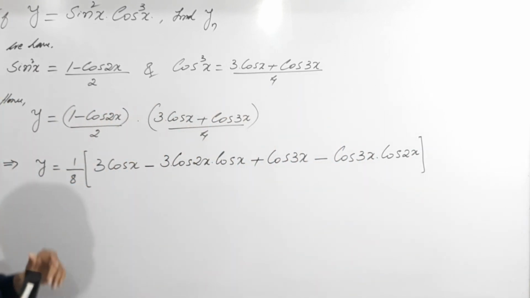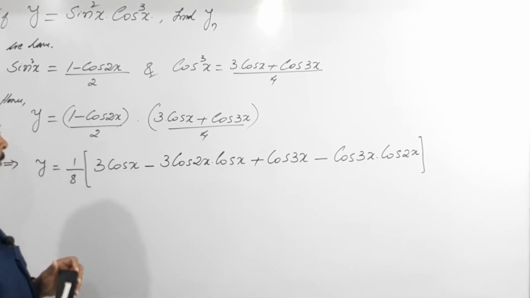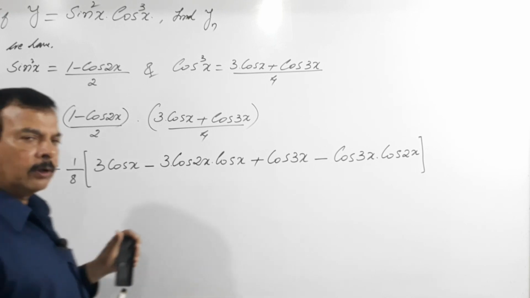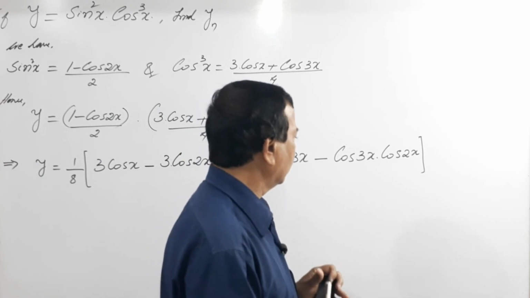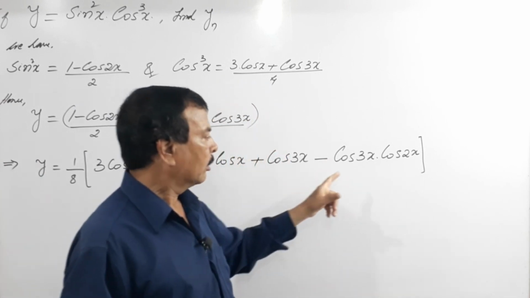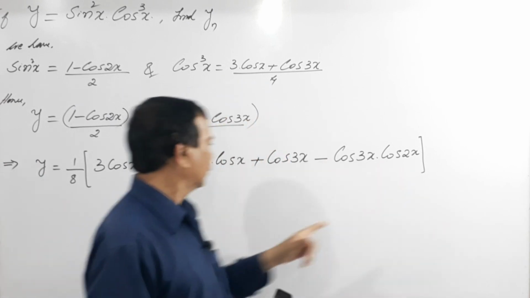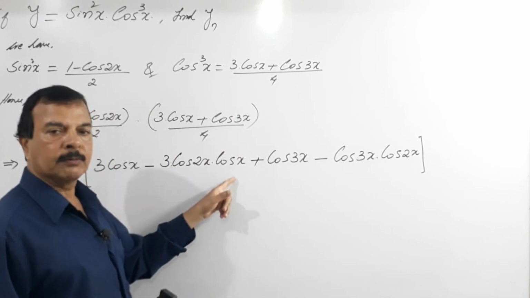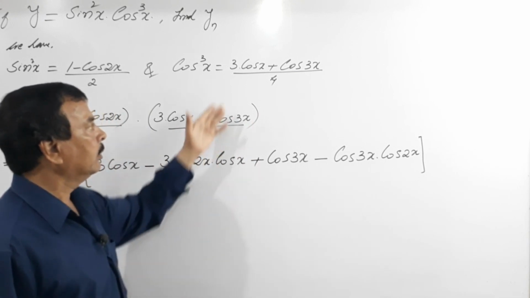Just please watch here. Now if you keenly note here, you get once again cos A into cos B. Here also cos A into cos B. Convert that into sum rule.